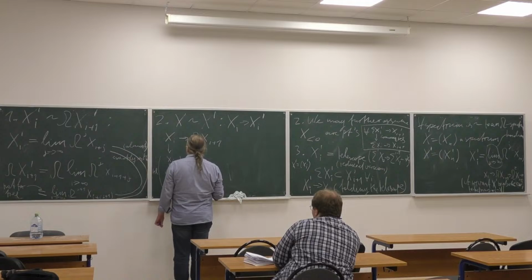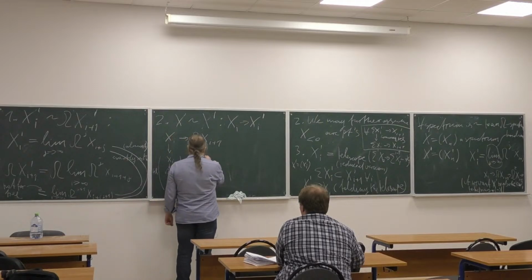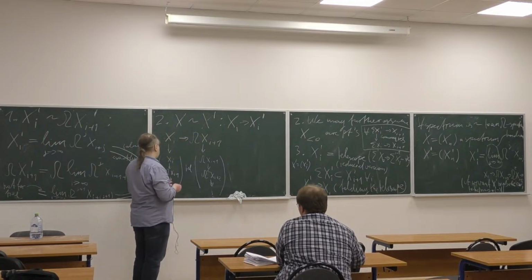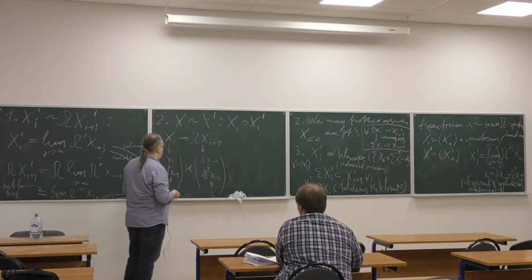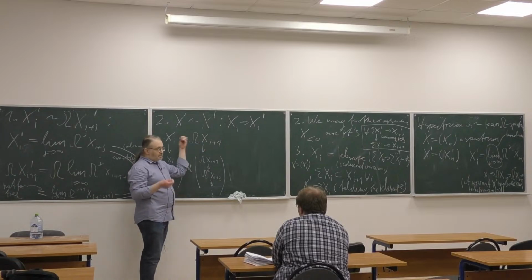Okay, unwinding the definition of omega xi plus 1, I get omega squared xi plus 2, etc., etc. So this map just does what it does. It's a structure map.